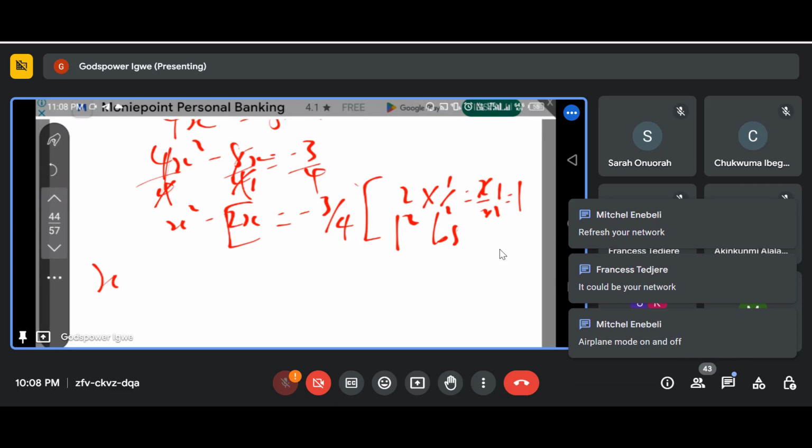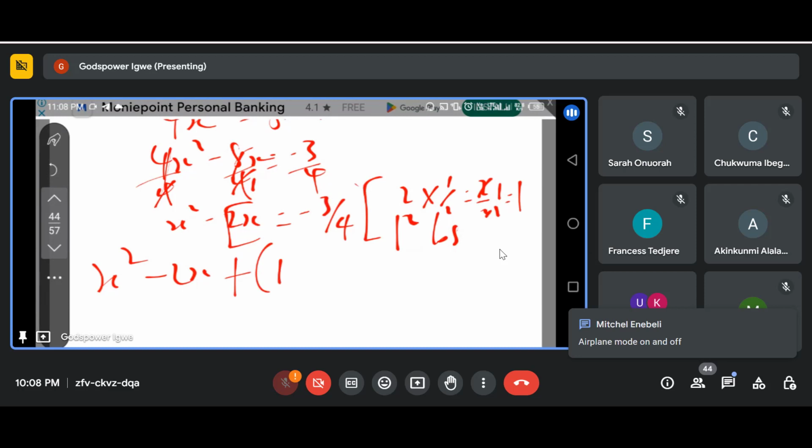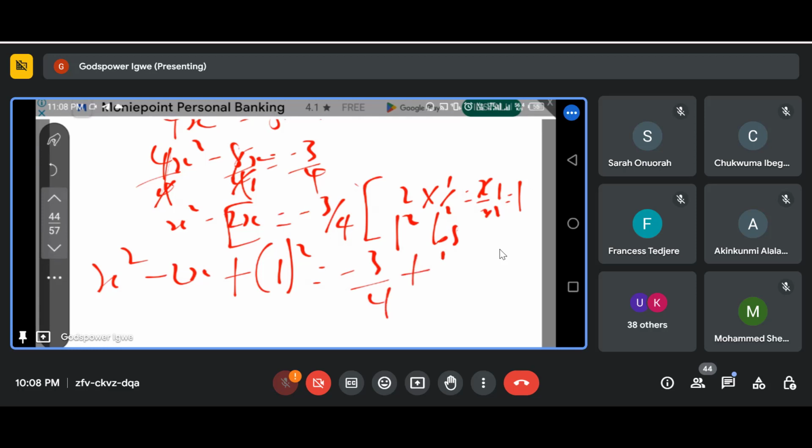So this is going to be x squared minus 2x plus 1 squared, equal to minus 3 all over 4 plus 1 squared. 1 squared is the same thing as 1.